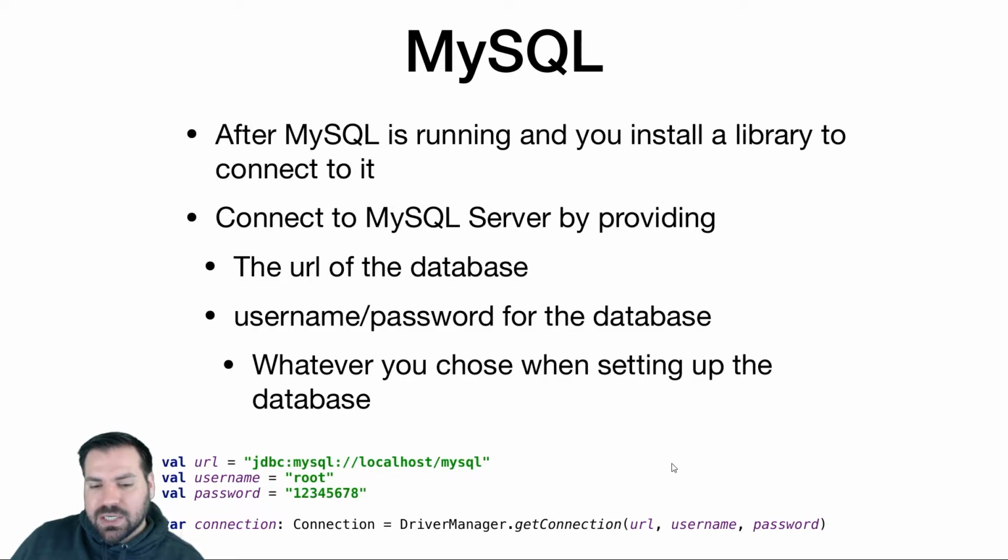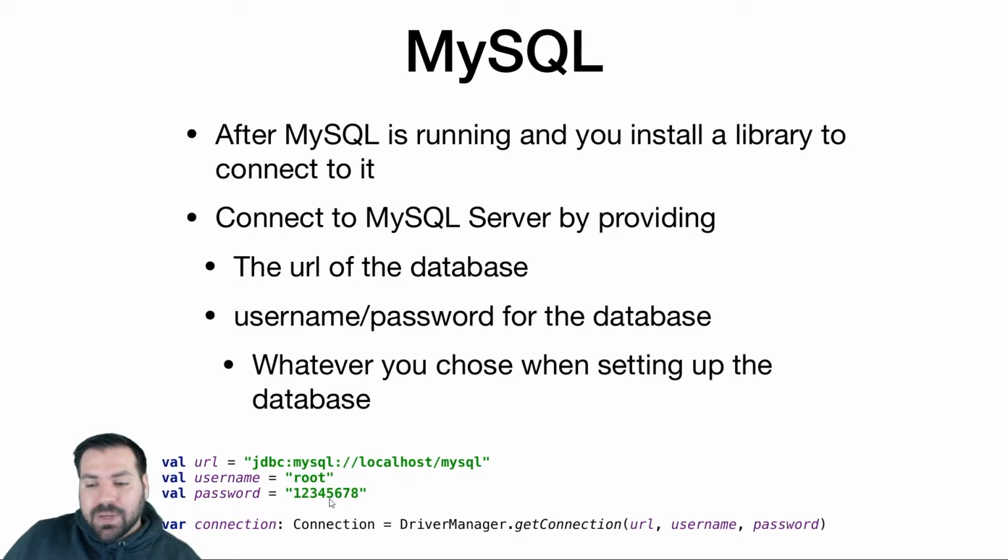And you can have a query string. You can add more information through query strings to set more parameters if needed. But that's the URL for connecting to a MySQL database. A username and password, I'm using root and then just some insecure password. When you install MySQL, it'll ask you to set a root password. Whatever you set that to, make sure that matches what you have in your code.